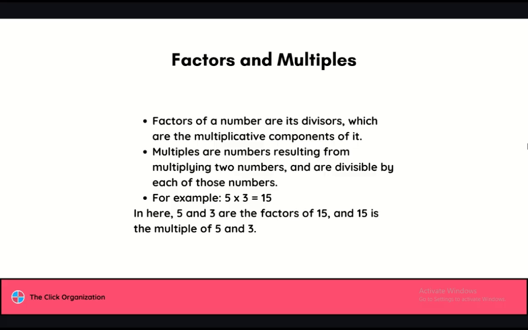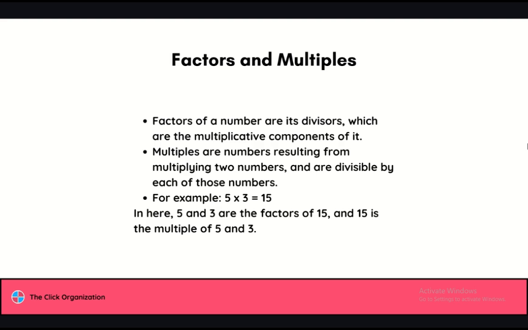Multiples are numbers resulting from multiplying two numbers. So they are basically divisibles. A divisible is a number that can be divided, that can be separated into equal or partial parts, right, by each of those numbers. And a divisor is a number that can make another number be divided either completely or partially.